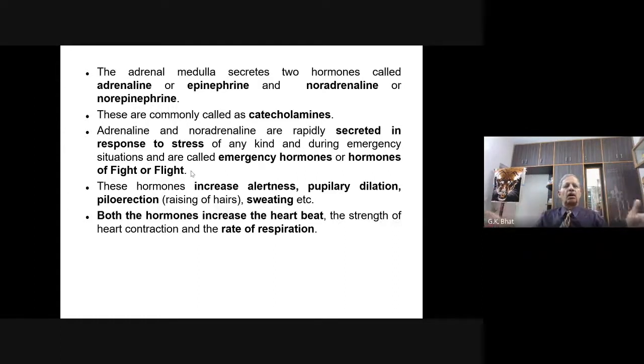Whenever we want to run fast, without our knowledge, the hormone gets produced and it makes us do that much speed. I hope you might have experienced how this emergency hormone works. The moment when you are sitting in the examination hall and let us say that you feel physics is very tough, the bell is given, the examiners start distributing the paper.